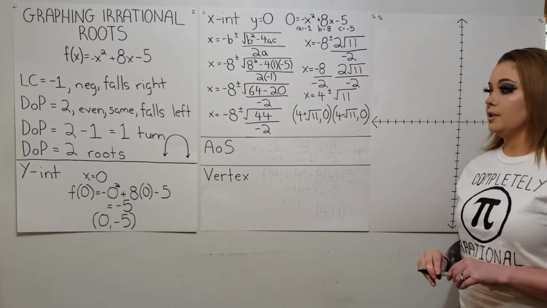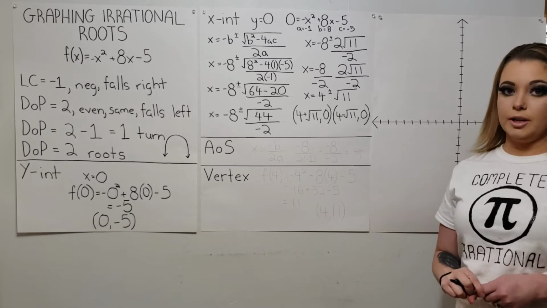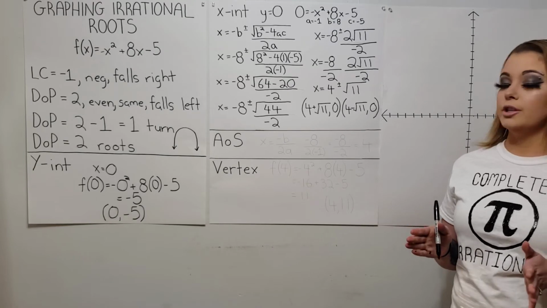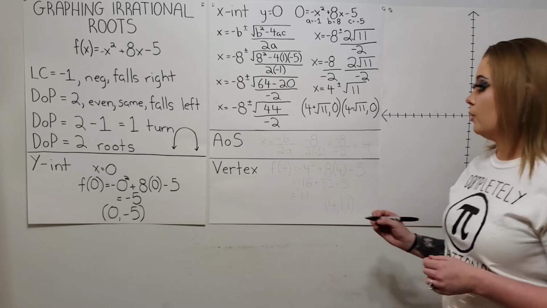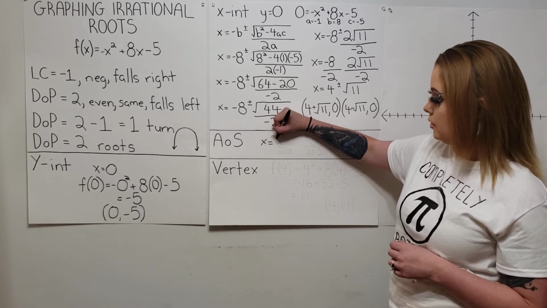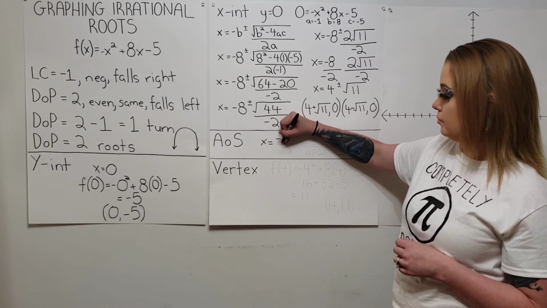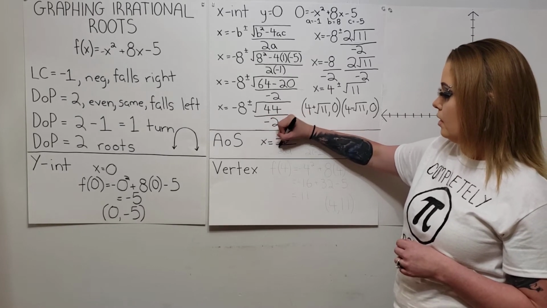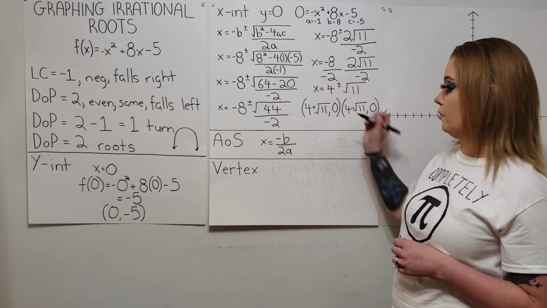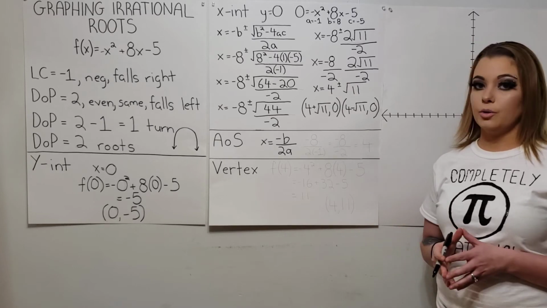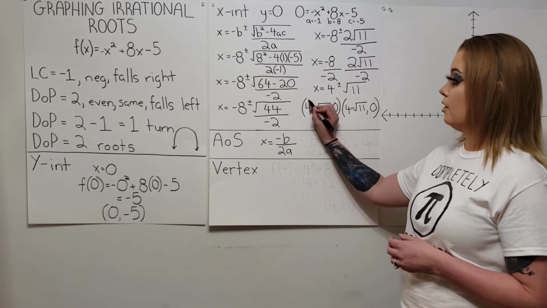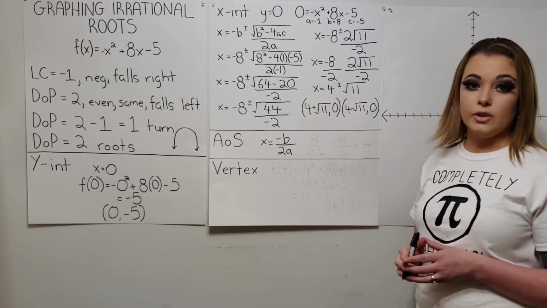The next thing we're going to do is find our axis of symmetry. To find the axis of symmetry, we simply use a shorter version of the quadratic formula, which states that x is equal to negative b over 2a. Since we're using a shorter version of the same formula, we should get the same result, which is this 4. So let's try it.